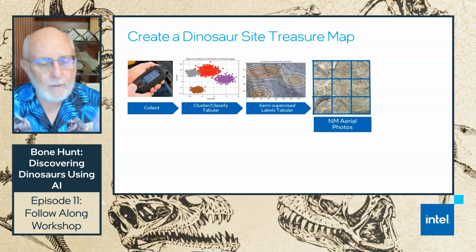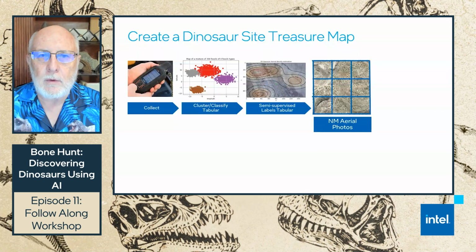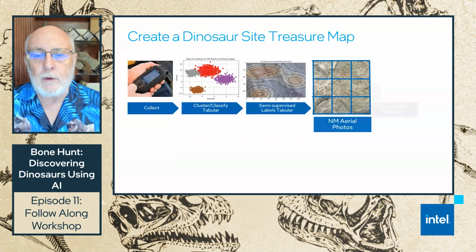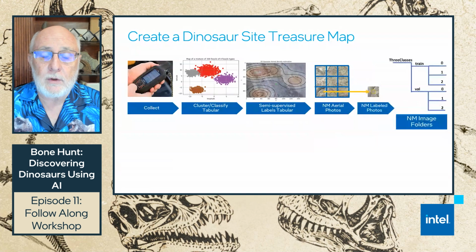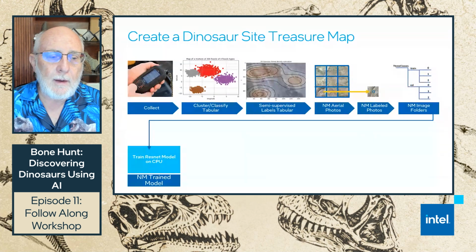And then other images, obviously, for non-bone holders. Once we do that, we label those photos by putting them into folders, and that's how we label them. And these folders have a structure, and we'll go into that a little more when we get into the code.